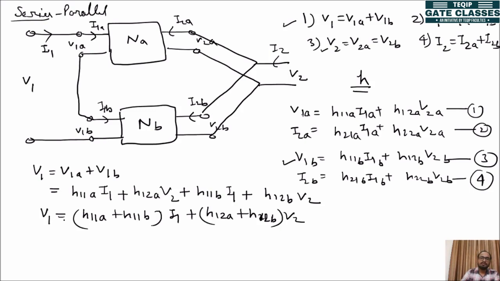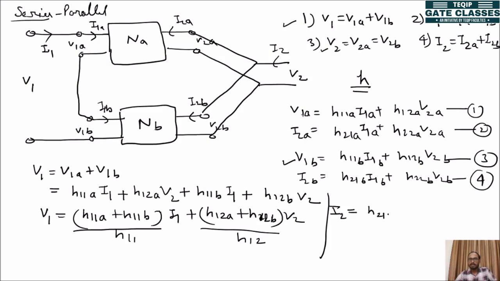If you compare with the standard H parameter equation, you can say this is H11 and this is H12. Similarly, you can get I2 is equal to H21A plus H21B times I1 plus H22A plus H22B times V2.